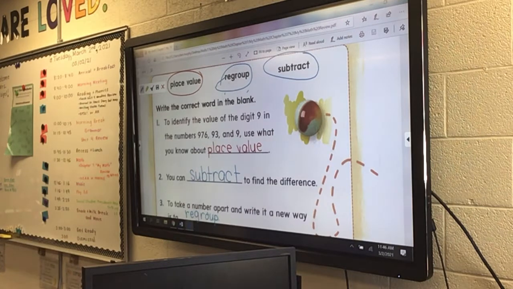So do number 4 and 5, and then turn it to the brain builder page. We're going to do the brain builders first, okay? So do numbers 4 and 5, and then flip it to the brain builders, please.